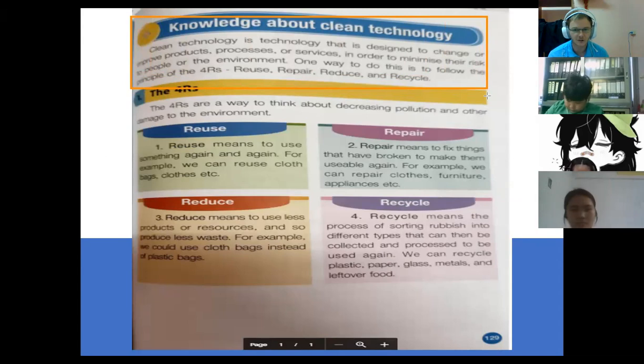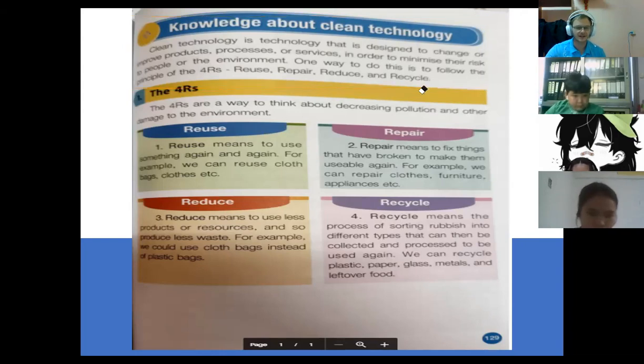One way to do this is to follow the principle of the 4 R's: reuse, repair, reduce, recycle. We've looked at these R's before, but we have one extra R this time, and that is repair.